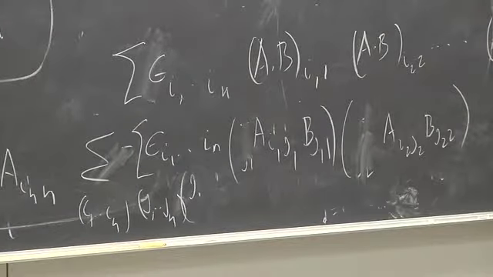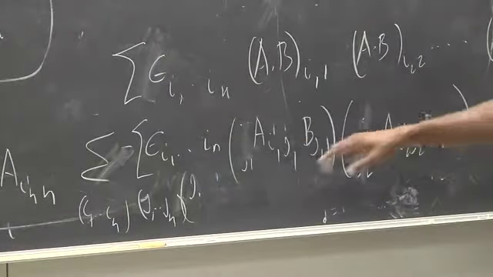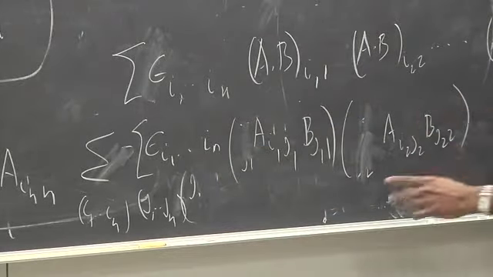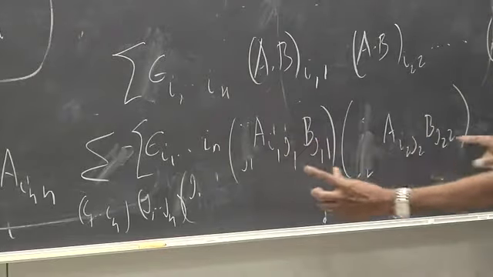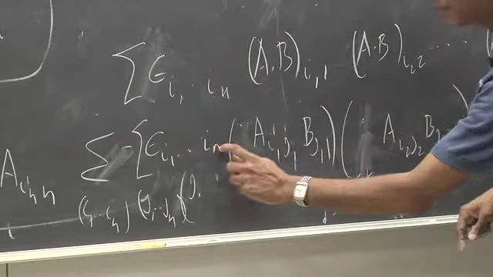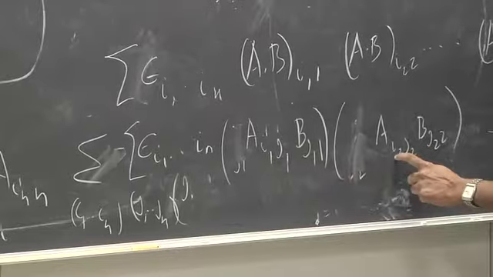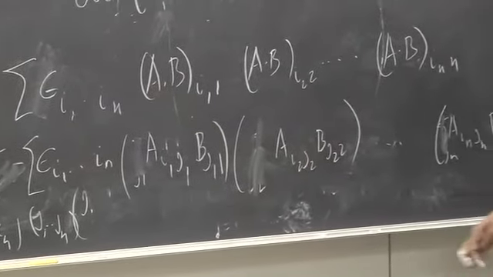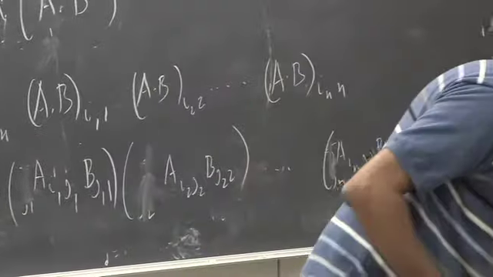Now let's look at this. Keep the B as it is, don't think about the B, look at just the A part. So here you have epsilon I1 up to In, A I1 J1, A I2 J2, A In Jn. So that is what we said.